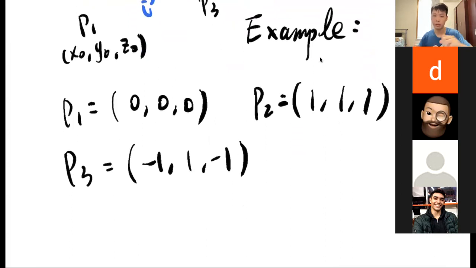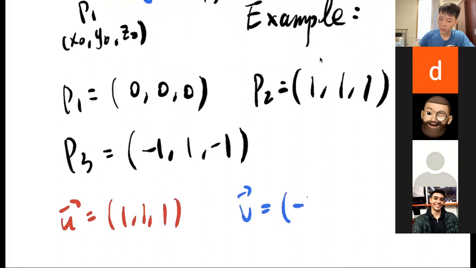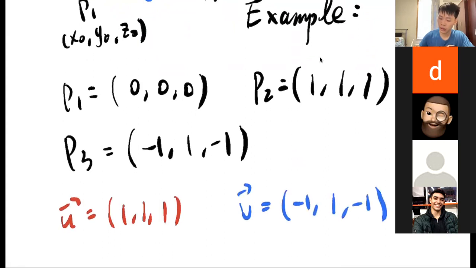Okay, to make it simpler. So in this case, the U vector, the vector joining P1 and P2, is 1, 1, 1. Your vector V is minus 1, 1, and minus 1.